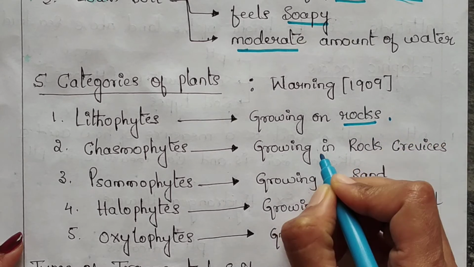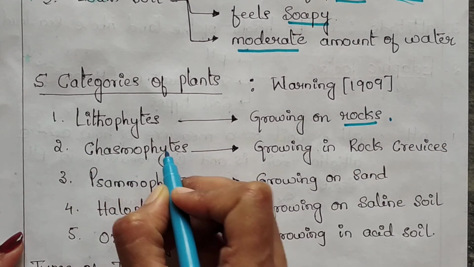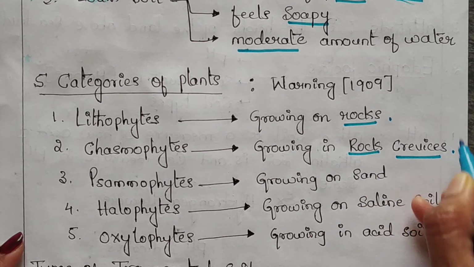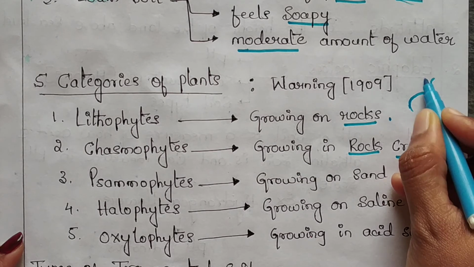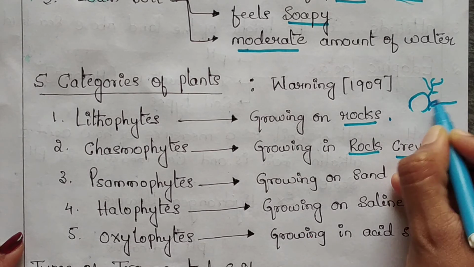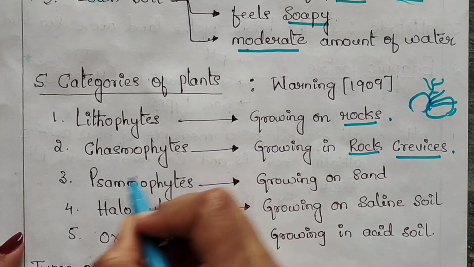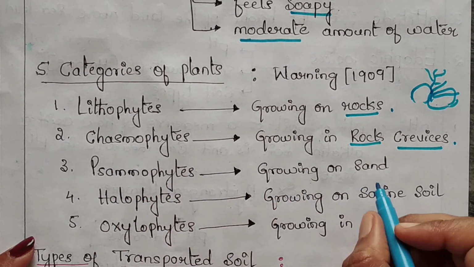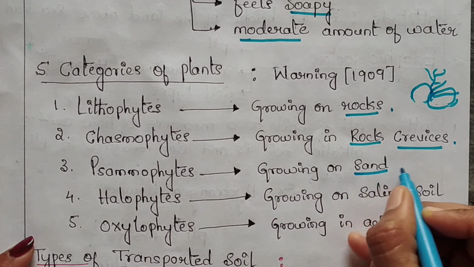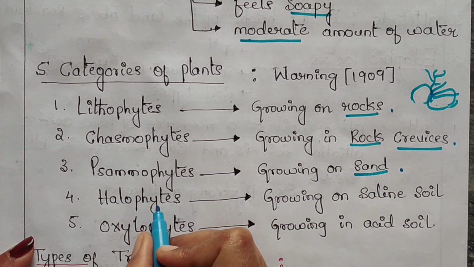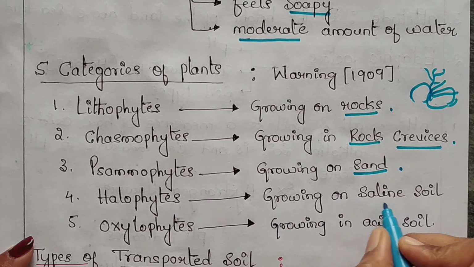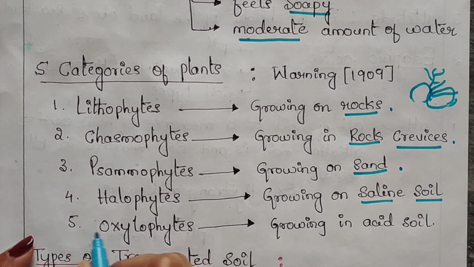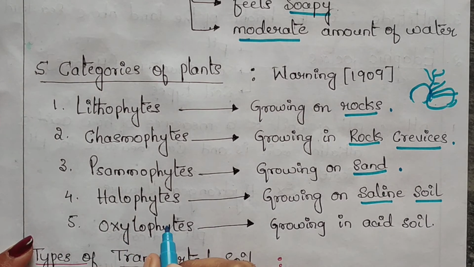The next one, chasmophytes, are plants which grow in rock surfaces, in the crevices of rocks. Then the next one, psammophytes, are plants which grow on sand. The next one, halophytes, are those plants which grow on saline soil.